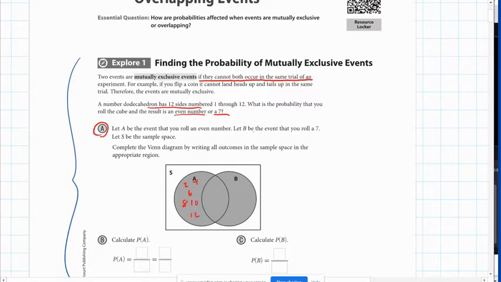Let B be the event that you roll a 7, and there's no overlap. There's no numbers that are in both sets. So we can also list it this way. A is 2, 4, 6, 8, 10, 12. B is 7. There's no overlap, so they are considered mutually exclusive events.